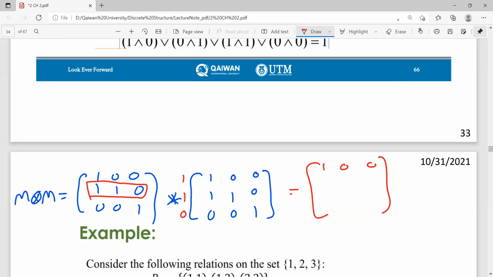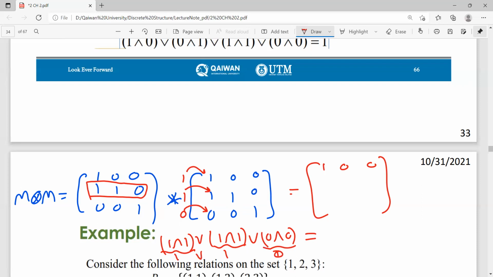We say 1 and 1, 1 and 1, 1 and 1, 0 and 0. Equals: this is 1, this is 1, and this is 0. Since at least we have 1 here, and these are joined by OR, it's 1.